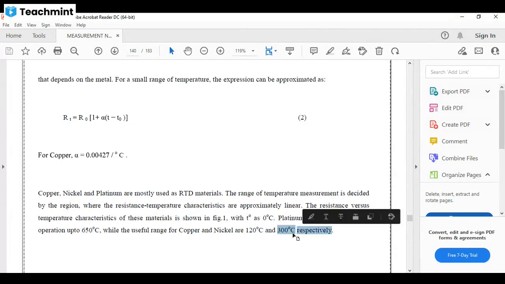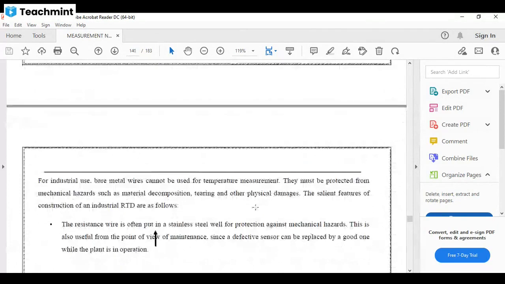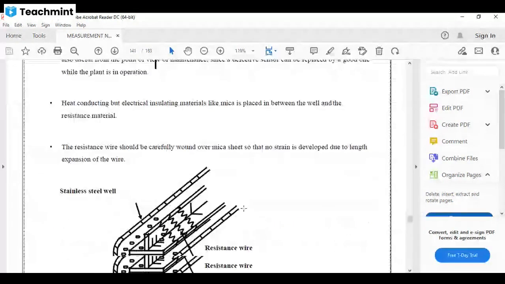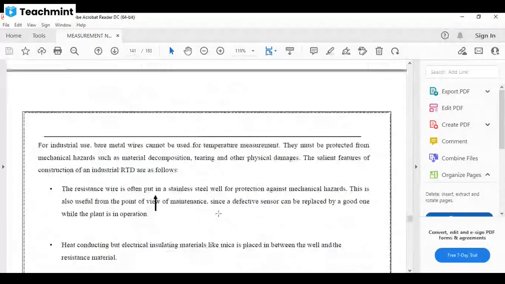And now this is the construction of an RTD for industrial use.